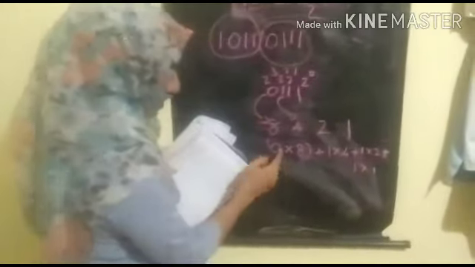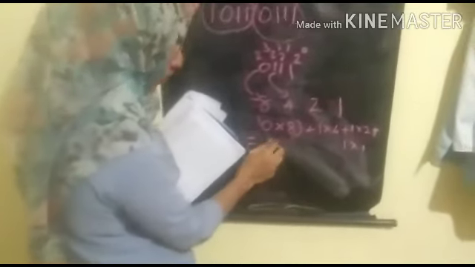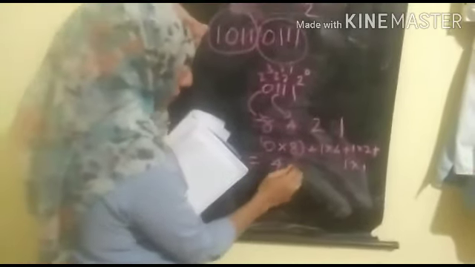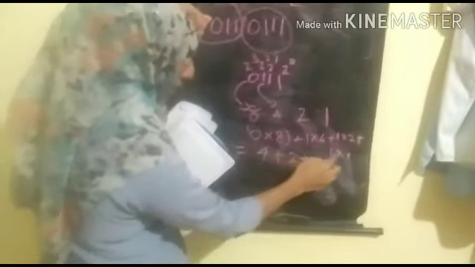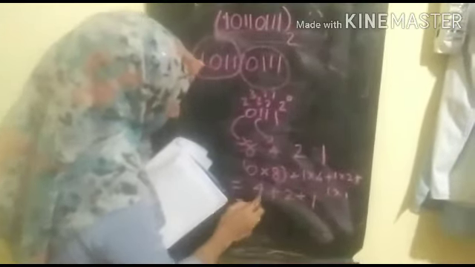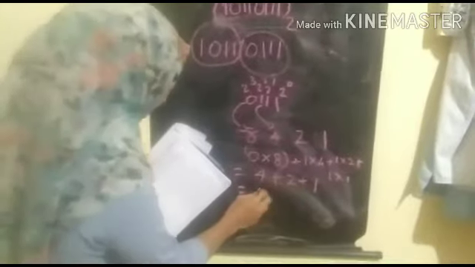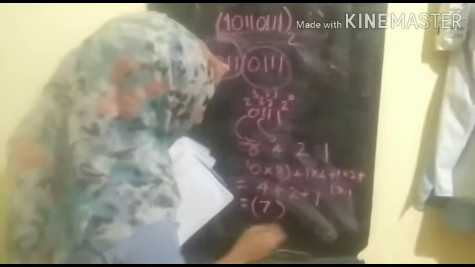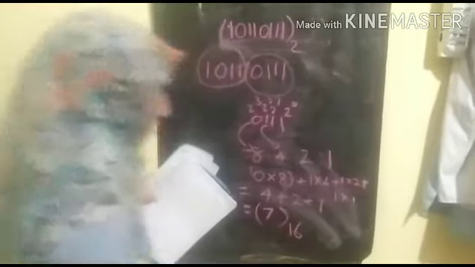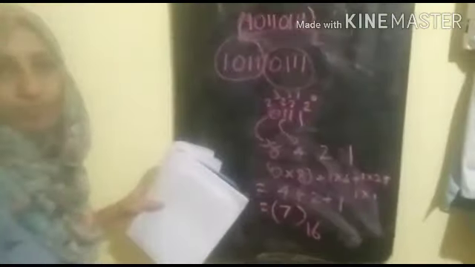That is 0, 4, 2, 1, so 6 plus 1 is 7. This is the hexadecimal number system, base 16.